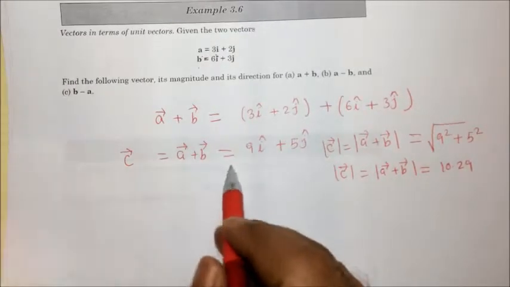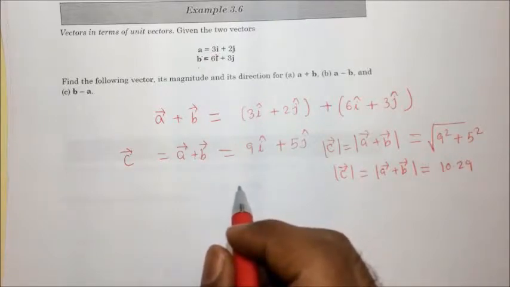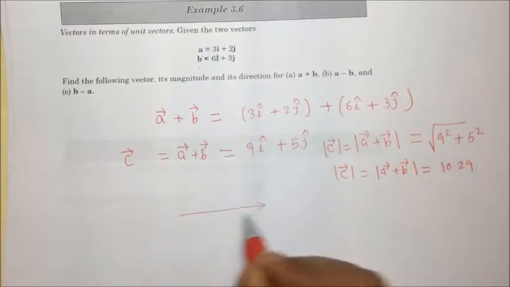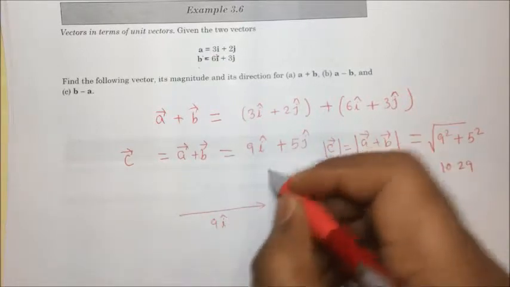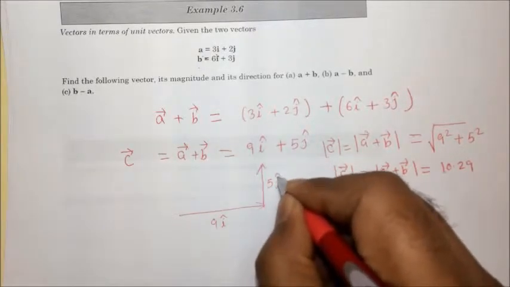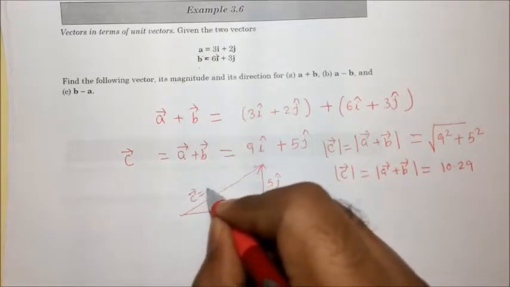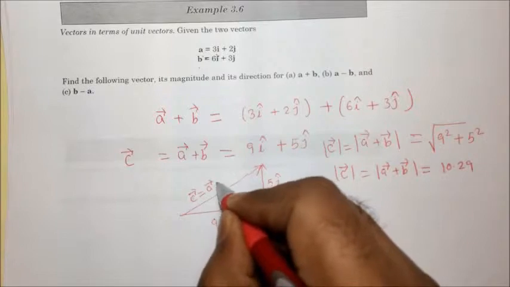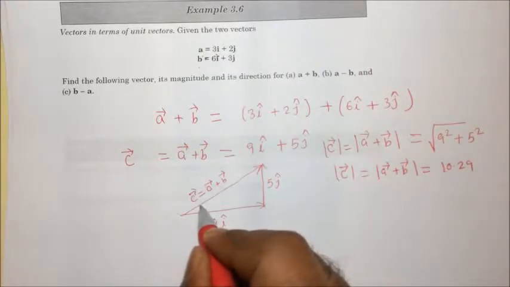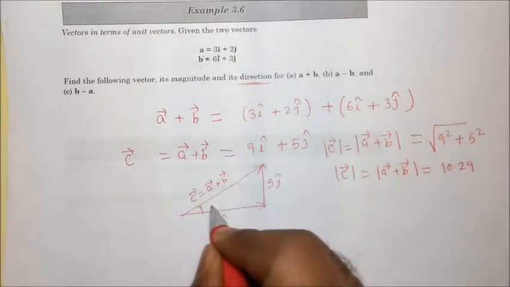So vector A plus B is 9i plus 5j. Okay, so you have component 9i this way and 5j this way, and this is vector C, which is vector A plus vector B. So can we calculate this angle, direction, magnitude and direction? For direction we can find the angle.